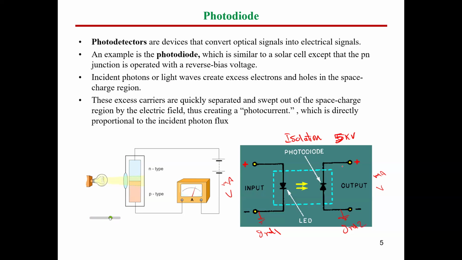And the benefit is, with isolation, whatever happening in the input side here, disturbance or whatever, will not be transferred to the other side, which means if you have a short circuit in the input here, this is not going to damage the circuit in the output side. The optocoupler itself will be defected or damaged, but this protects your output circuits.